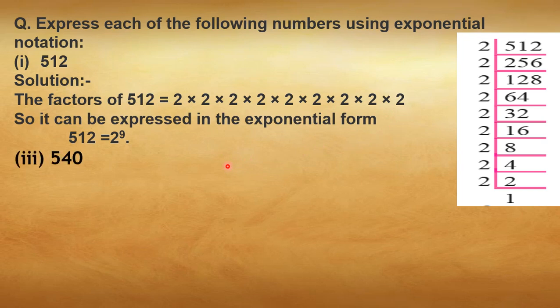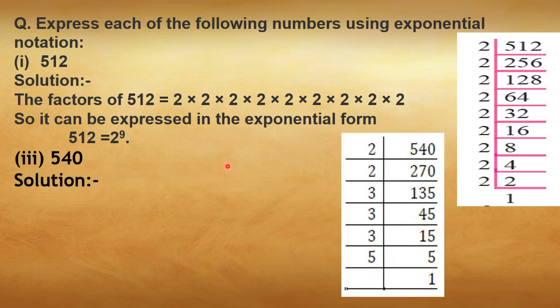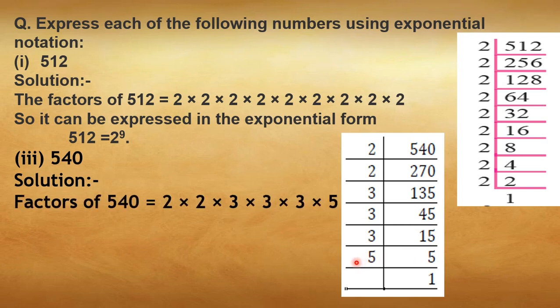Similarly, if we are asked for the exponential form of 540, again we find the prime factorization. 540 divided by 2 gives 270, 270 divided by 2 gives 135. 135 divided by 3 gives 45, 45 divided by 3 gives 15, 15 divided by 3 gives 5, and 5 divided by 5 gives 1. So the prime factors of 540 are 2 into 2 into 3 into 3 into 3 into 5. 2 appears 2 times, 3 appears 3 times and 5 appears 1 time.